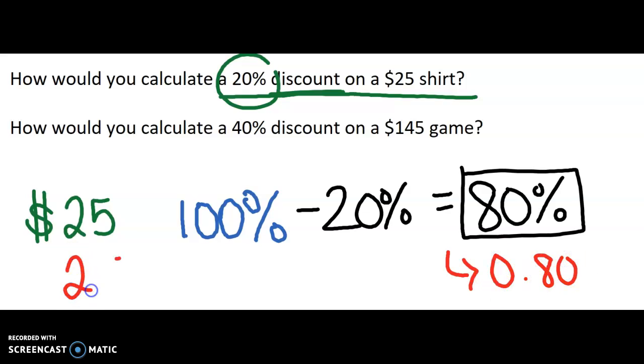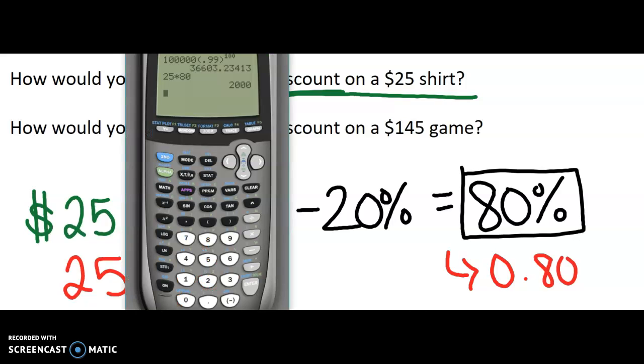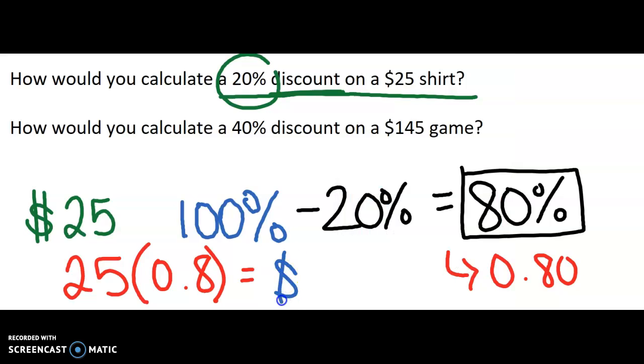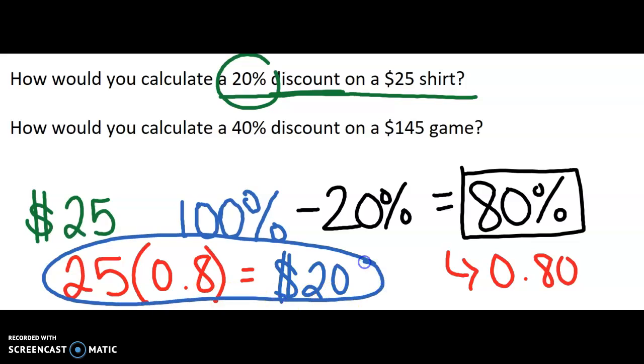So now I do 25 times 0.8, because it's only 0.8 of the shirt. Again, I don't need that 0 at the end. Now let me multiply that. 25 times 0.8. How much am I going to pay for the shirt? I'm going to pay $20. Right there. And notice the concept: I was at 100% and it went down 20%.